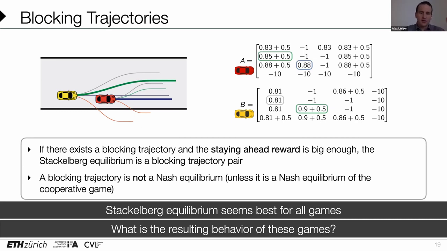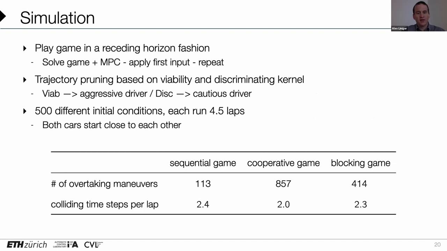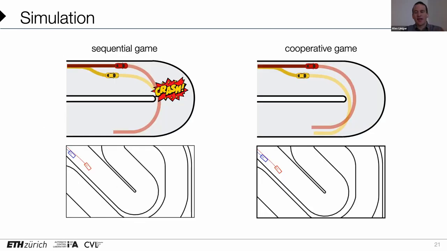We did a simulation study where we ran the controller in closed loop and used these two drivers. What you can see is that the cooperative game has by far the most overtaking maneuvers. What's special is that the sequential game has very little, and the blocking game is somewhere in between. So let me explain why the sequential game is so good at avoiding overtaking maneuvers.